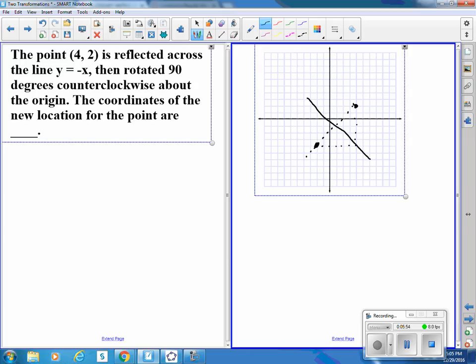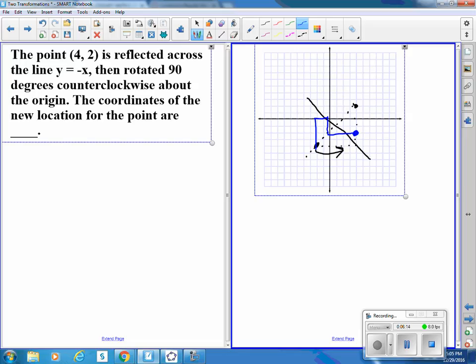And now we're going to rotate 90 degrees counterclockwise. So counterclockwise is this way. So this L shape will now be (2, 4). So the new point will be there.